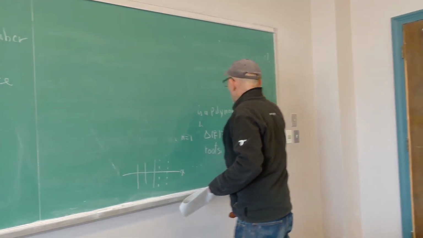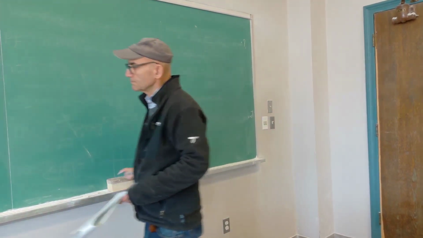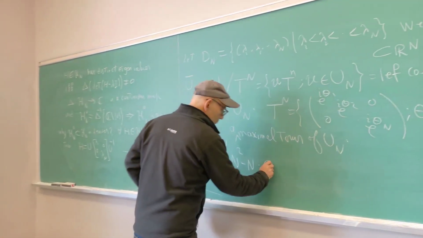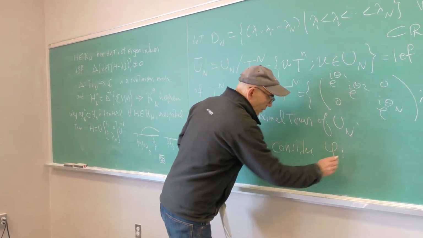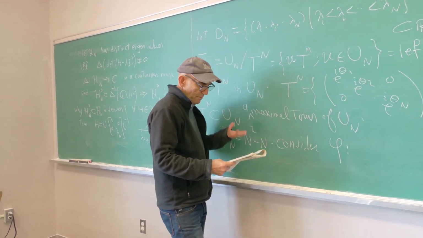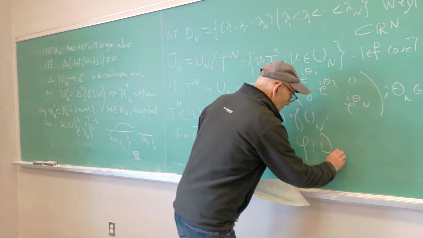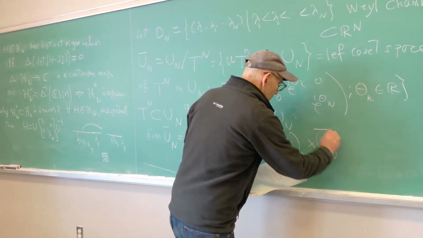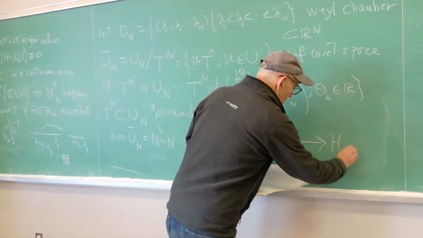So let's consider the map phi, basically the map of the spectral theorem, from the Weyl chamber cross U_n bar to H_n.